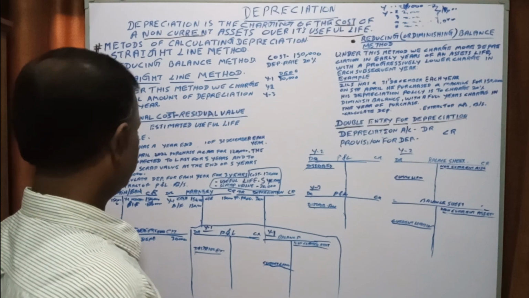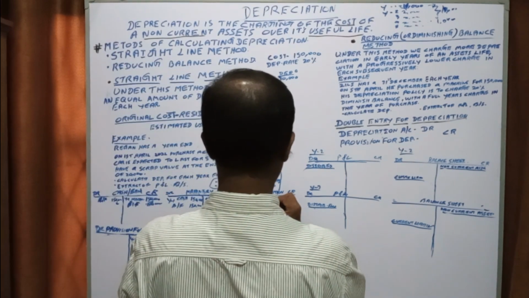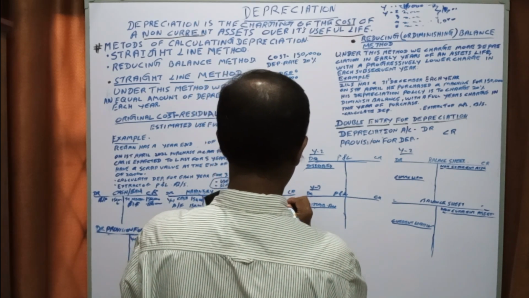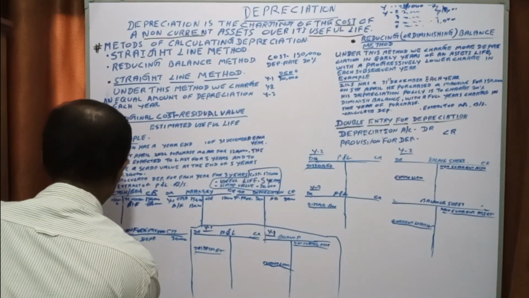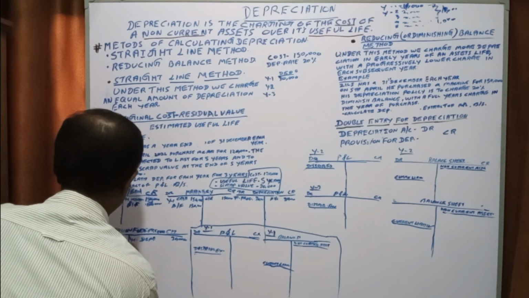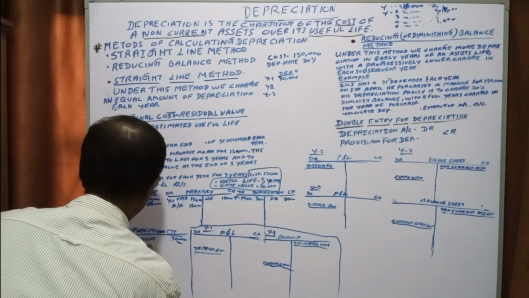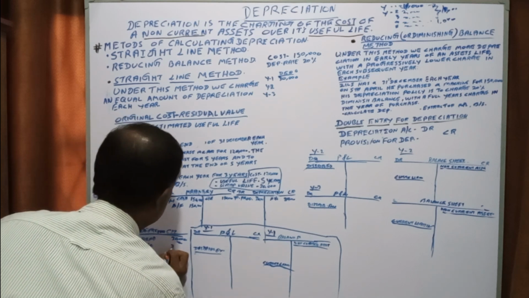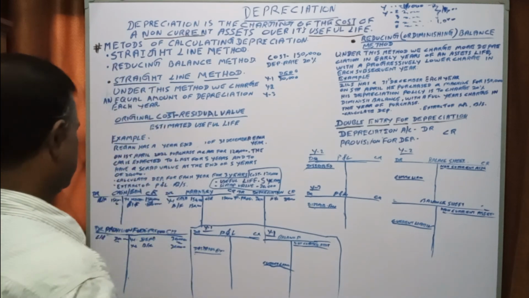Sorry, depreciation also goes to the P&L account. P&L 30,000. Here carried down balance 30,000. Brought down, brought forward balance 30,000. Okay.